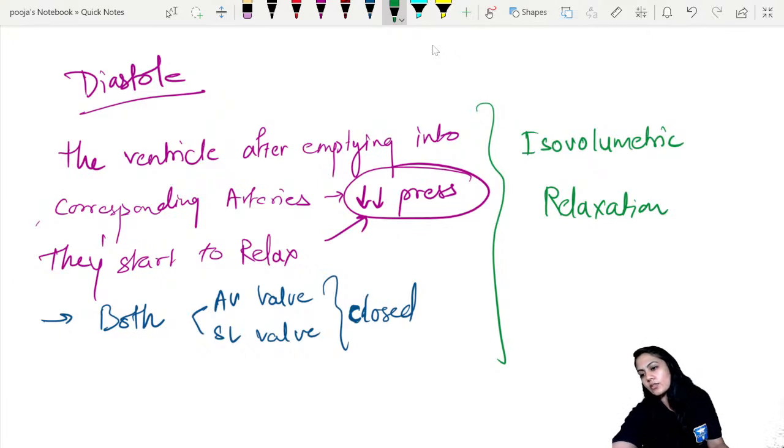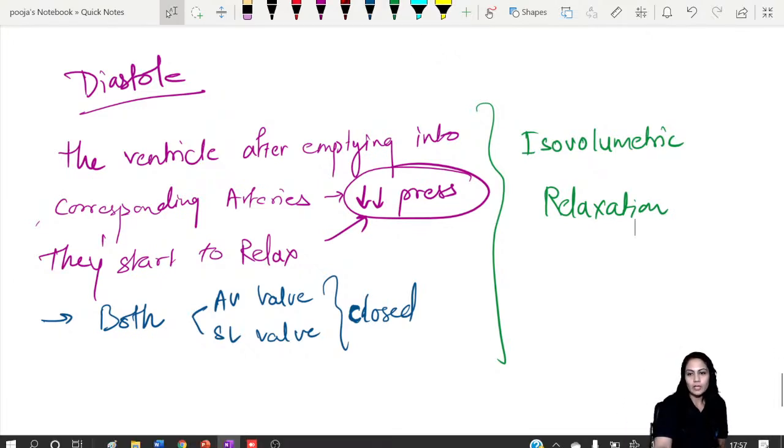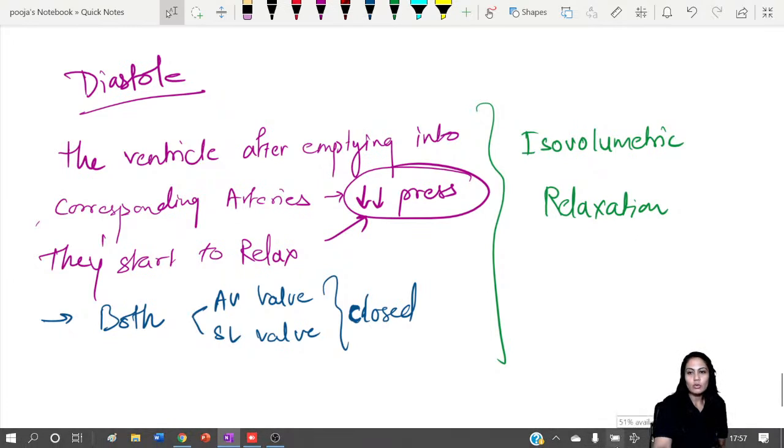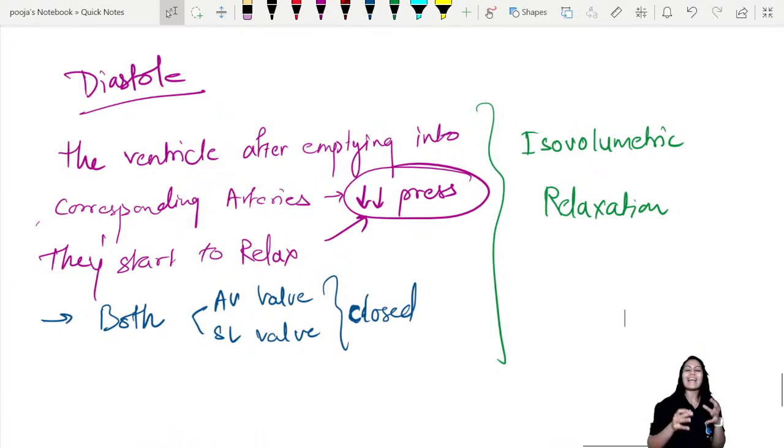Isovolumetric relaxation. Now, the diastole that we are talking about over here, what happens in the diastole? The ventricle starts to relax, and that's why there are no changes in the volume, just pressure changes are occurring.